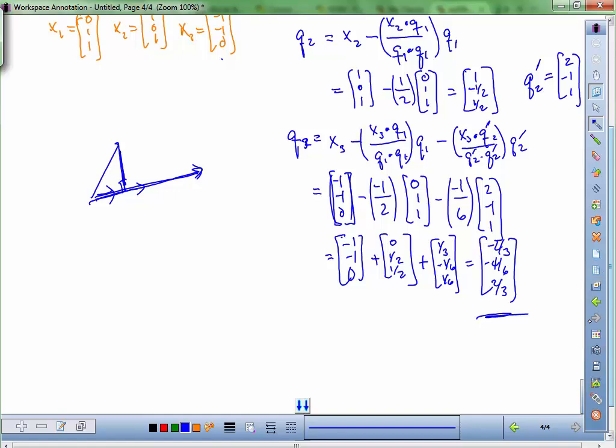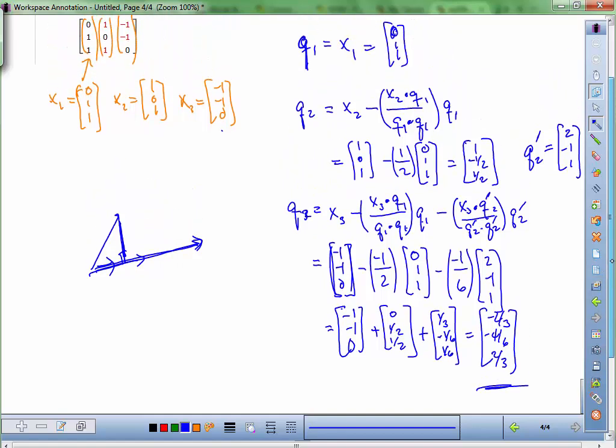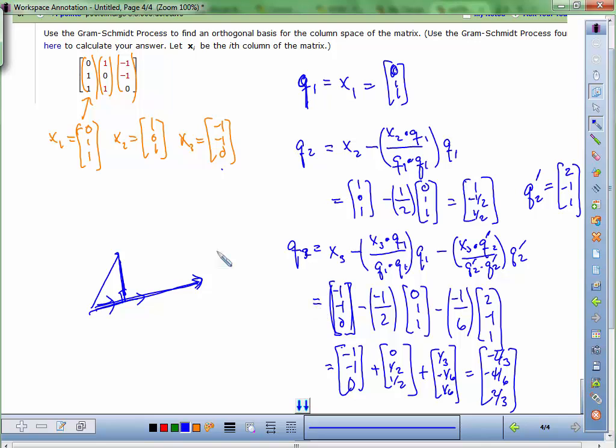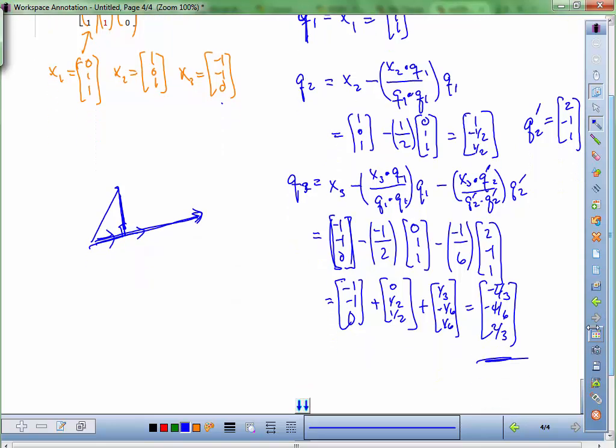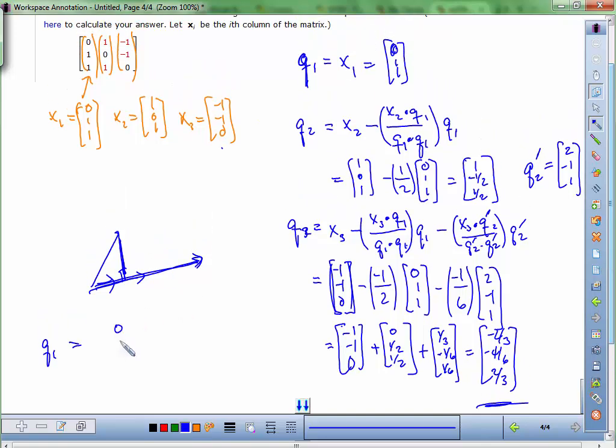How would we normalize it? Let's actually normalize it. So this is the normalized version, which I wanted to call Q. I kind of jumped the gun and called it Q from the beginning, but let's call this one Q1 normalized. It's basically taking this vector and dividing it by its magnitude. So root 2.